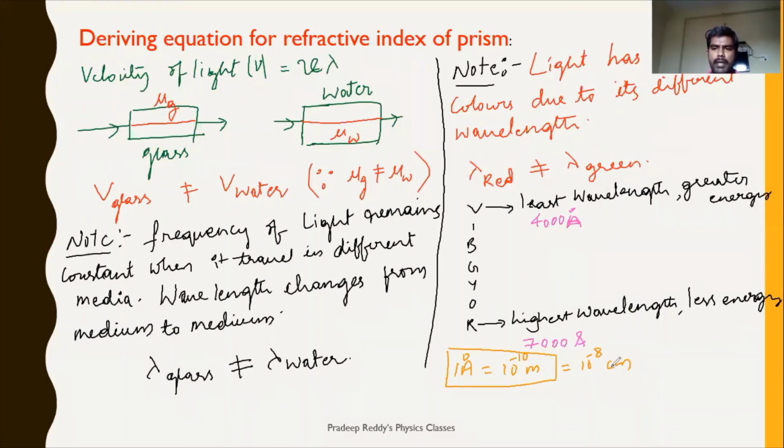Centi is 10 power minus 2, so 10 power minus 8 and 10 power minus 2 becomes 10 power minus 10. So 1 angstrom is 10 power minus 10 meter, and it is 10 power minus 8 centimeter. Remember this relation for future.